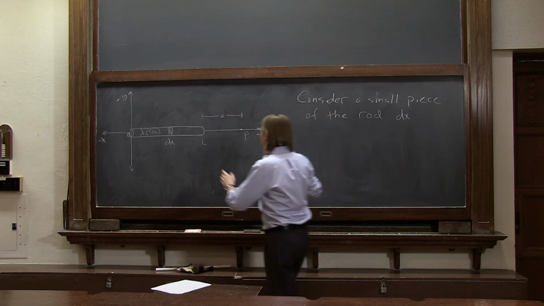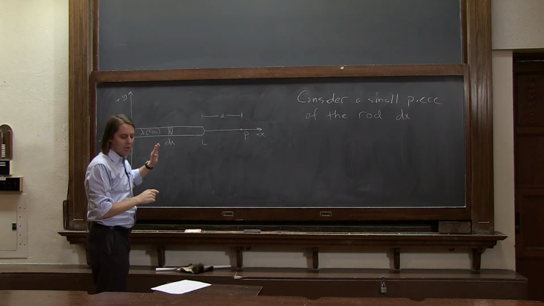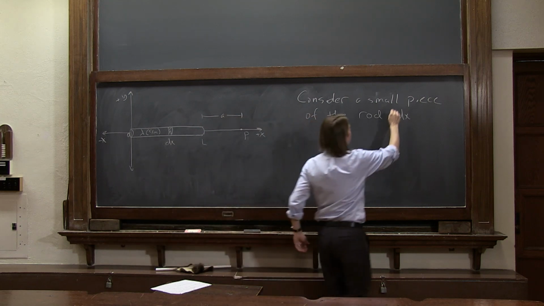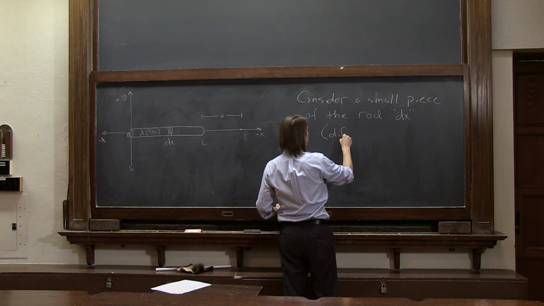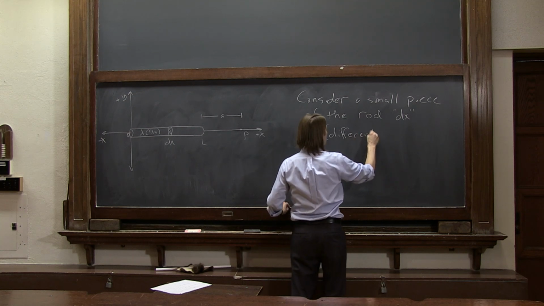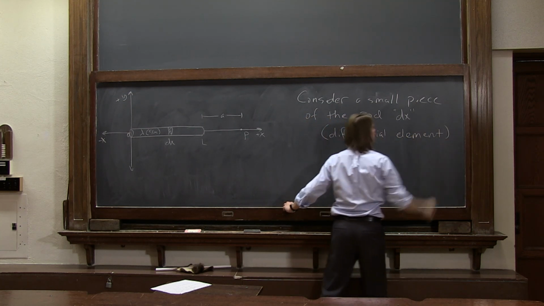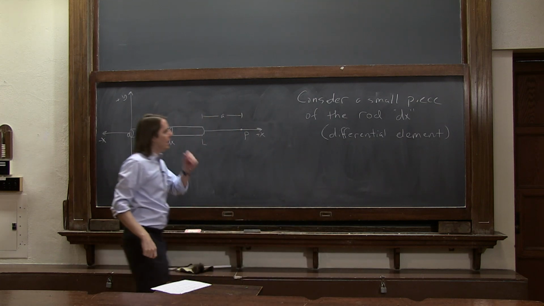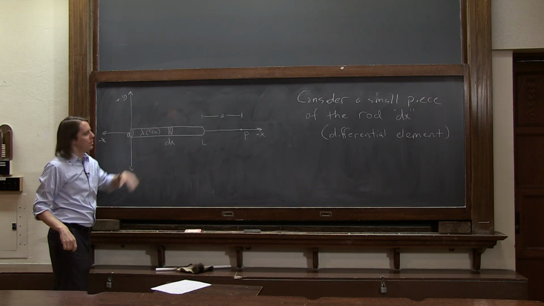Then that small piece of rod will be at a specific place, and we could actually apply Coulomb's law. This dx is called a differential element. This is our way to deal with a continuous system: we break it up into a small piece.